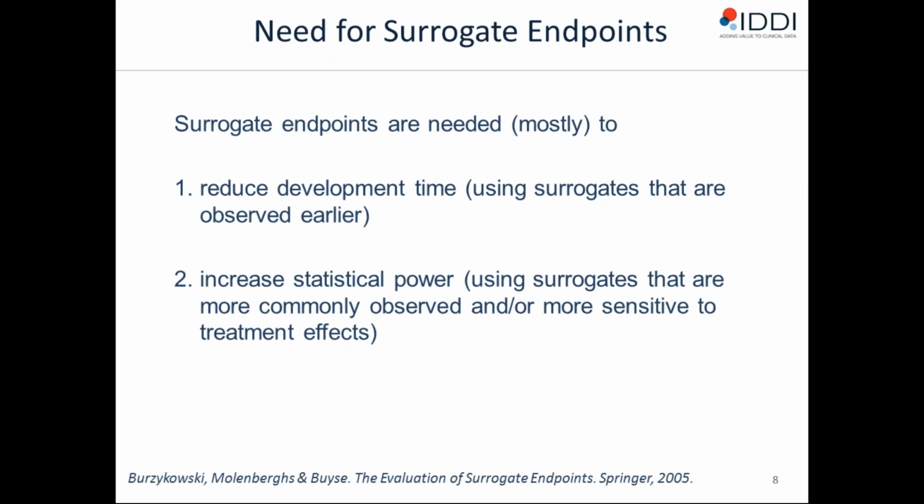But it's clear that we need surrogate endpoints mostly to reduce the development time because surrogates can often be observed earlier and therefore we have more statistical power because they are more commonly observed. In other words, more patients will have the events of interest for surrogate endpoints than for other endpoints such as survival, and therefore this is more sensitive to the treatment effects.